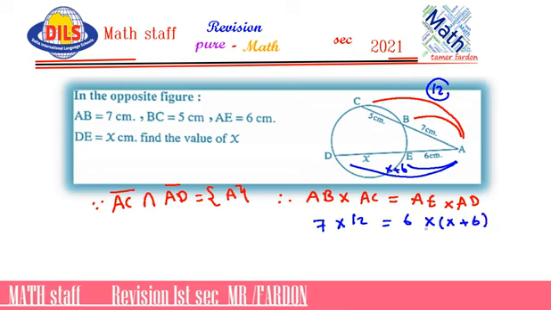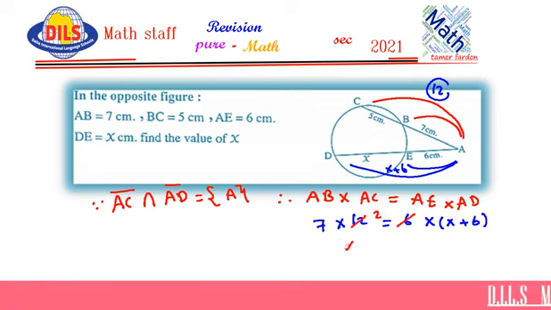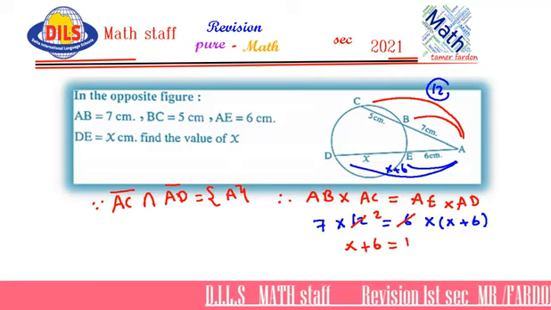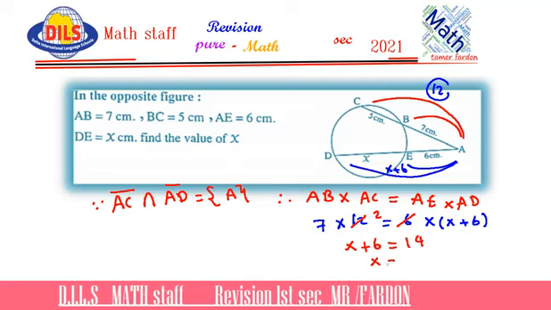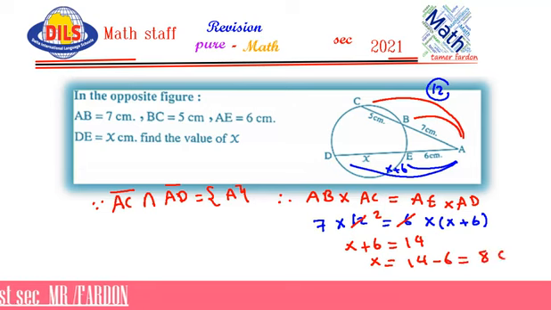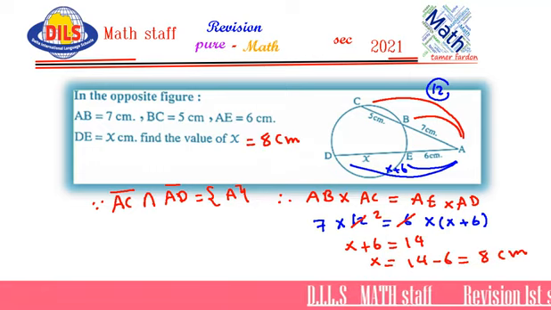Divide by 6 on both sides, we get x plus 6 equals 2 times 7 equals 14. So x equals 14 minus 6 equals 8 centimeters.